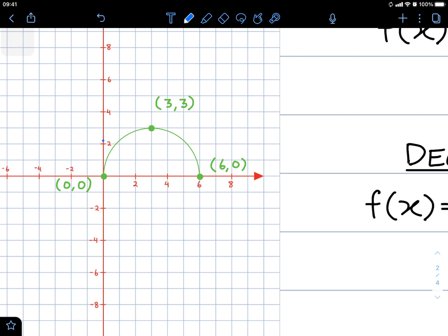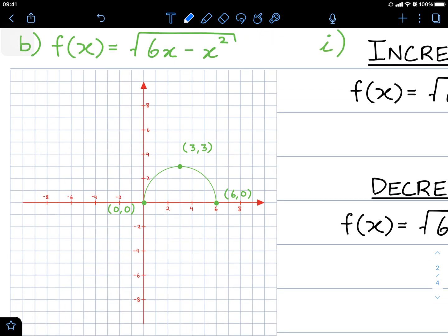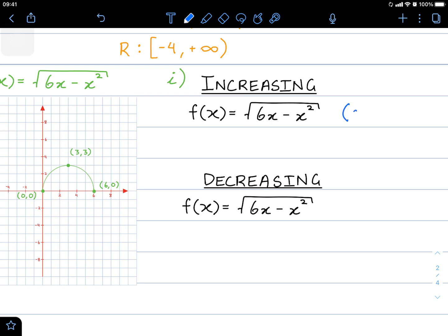So if we were to actually draw a tangent, it would be completely vertical like so. Okay, so that means the domain for always increasing starts at 0, not including 0, up until 3. Which, if you want it in inequality notation, would be as follows.